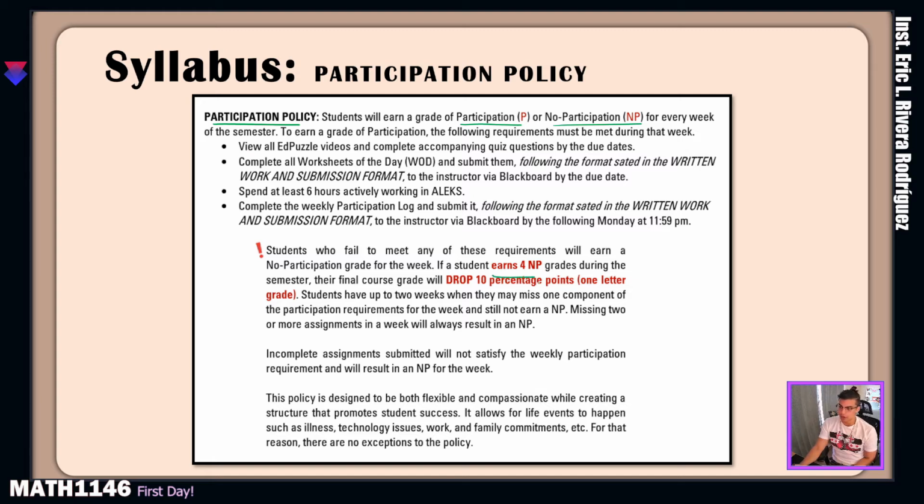Well, if a student earns 4 NP or more during the semester, that means that student is not participating for 4 weeks in total or more, there is going to be a penalty of 10% on the overall grade, 1 letter grade. So any student that has an A grade but 4 or more NPs is going to end with a B grade, right?